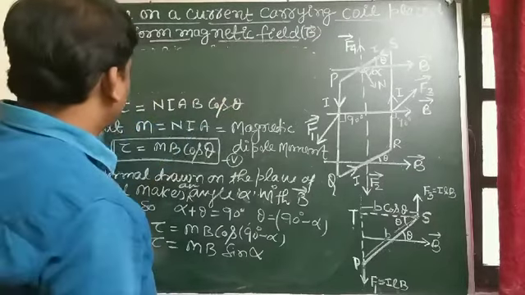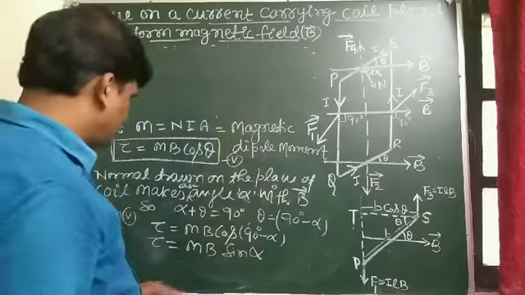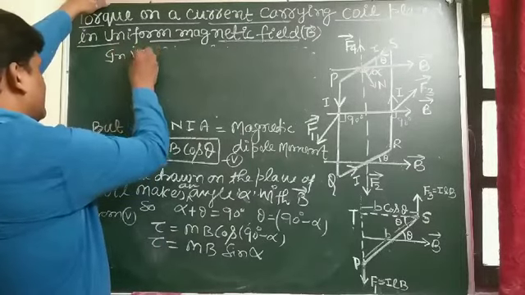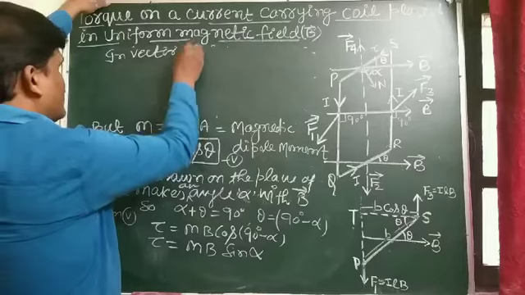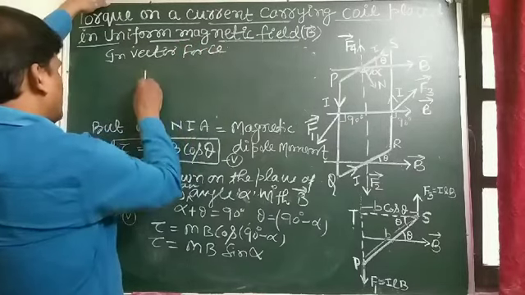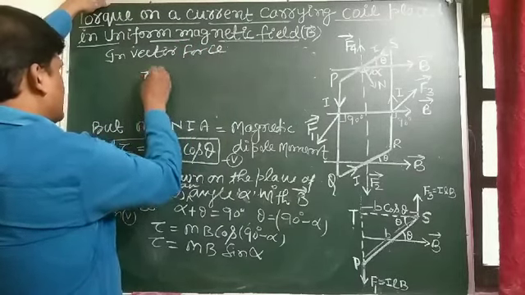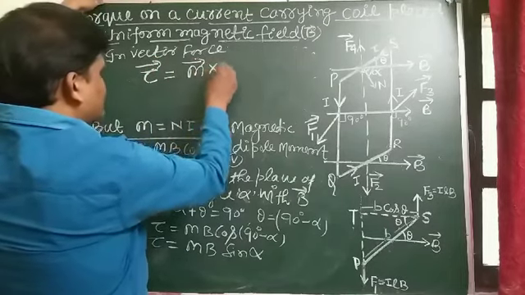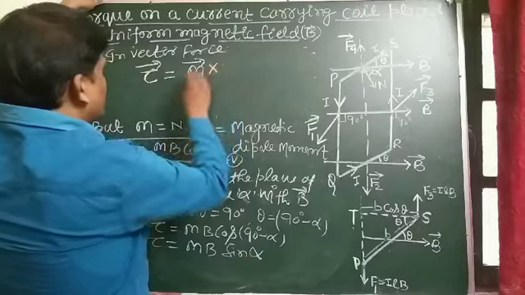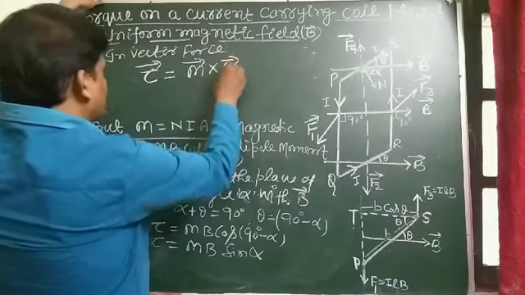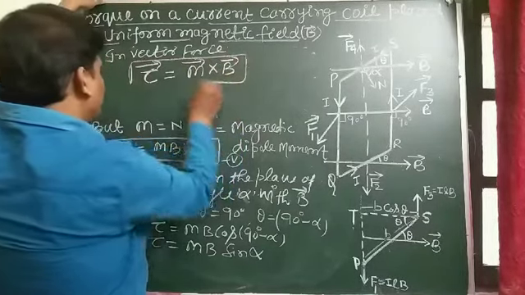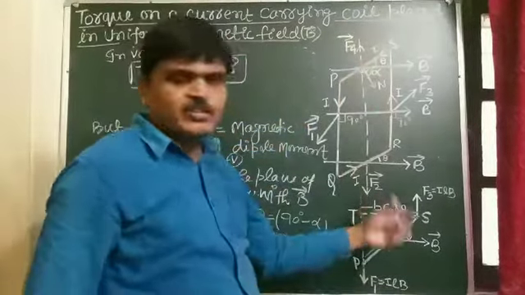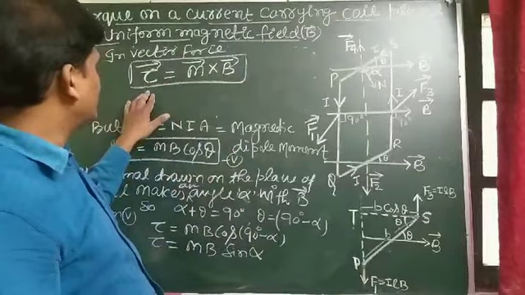So this formula can be written in vector form, the torque acting on the magnetic dipole, tau is equal to m cross B, and this is the torque acting on a current carrying coil placed in the uniform magnetic field.